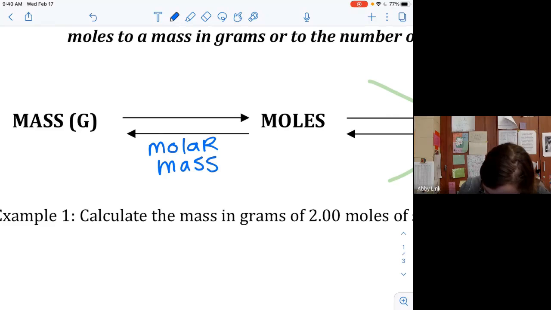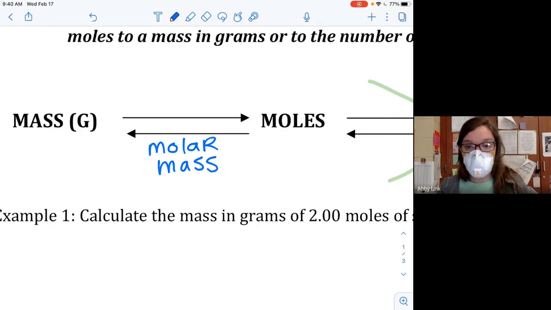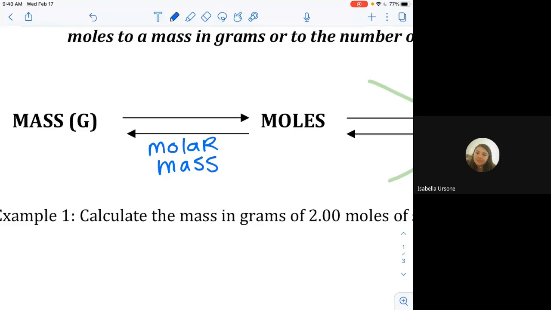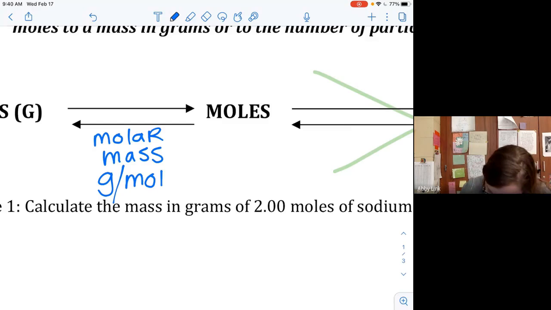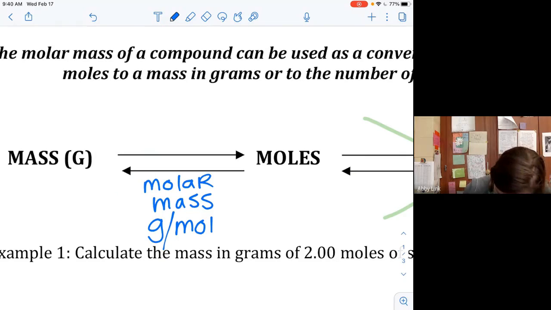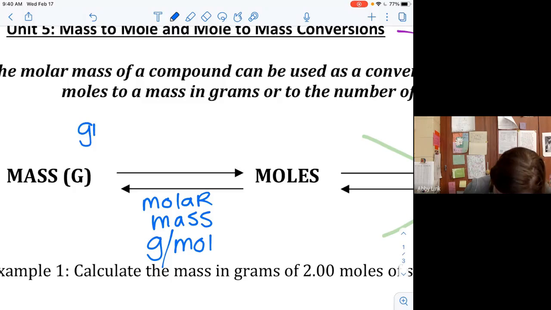All right, can anybody tell me what the unit for molar mass is? You probably wrote it 16 times yesterday. Grams per mole. Grams per mole, exactly. So grams per mole. Now what that means, guys, is that the grams of a substance... okay, so let's use an example. Let's say carbon, okay?